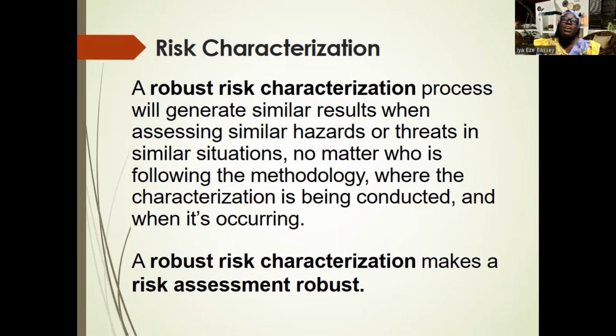So, a robust risk characterization process will generate similar results when assessing similar hazards or threats in similar situations, no matter who is following that methodology, no matter where the characterization is being conducted. If you have a robust risk characterization process, you will generate similar results when you have similar hazards and similar threats and similar situations.